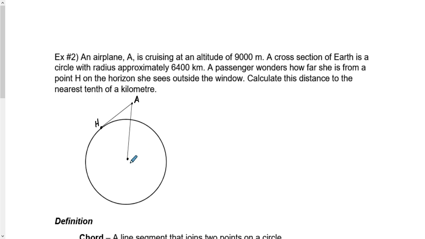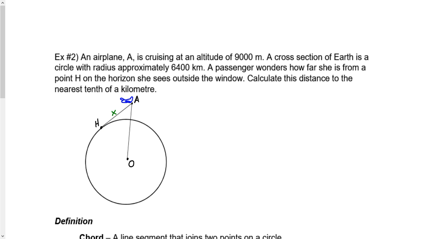So this is going to be our center of the circle. Centers of circles are usually notated with an O. Now let's identify a few things. So here's an airplane. It's flying out. The person is here and asking, how far am I from this point?